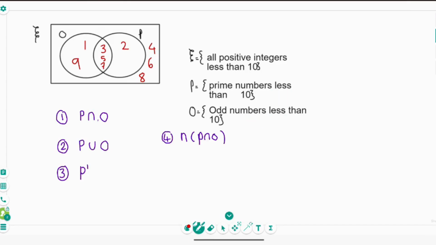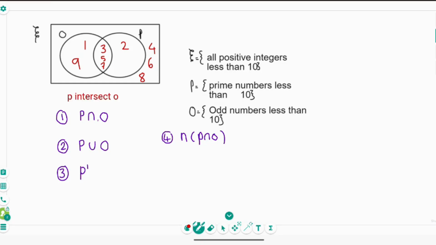Let's have a look at some other set notation language that you might be given. So P, this funny symbol, and O, actually means, if I was going to write it in words, P intersect O. In your head, though, you need to think of that as the overlap.